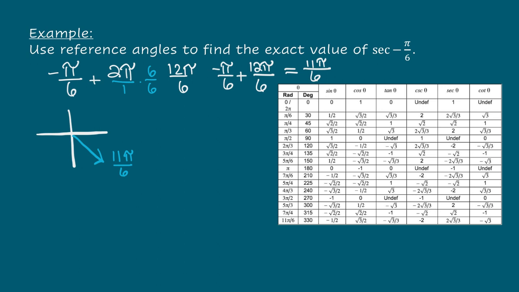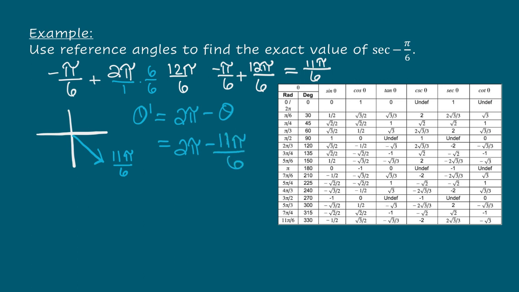We are in quadrant 4, so now we need to get our reference angle. Our reference angle when we are in quadrant 4 is found by subtracting from 2 pi. So 2 pi minus our angle will give us our reference angle. 2 pi minus 11 pi over 6.